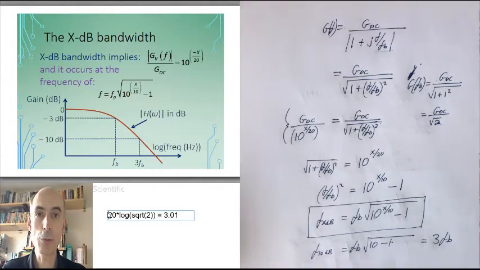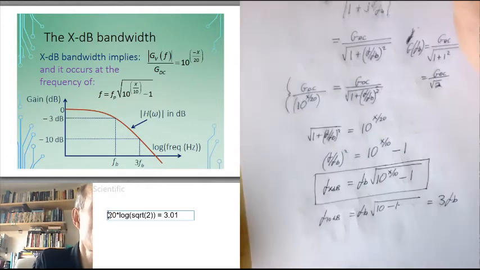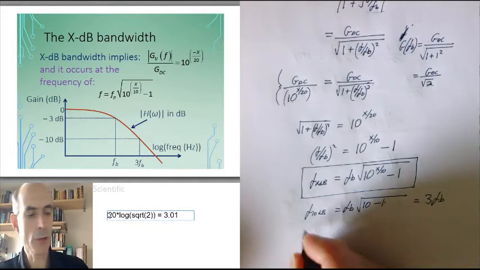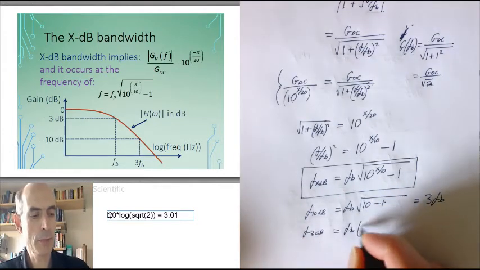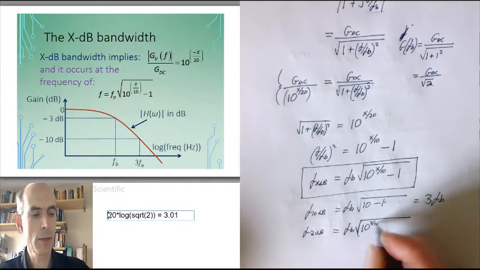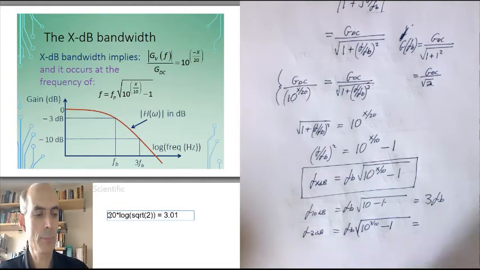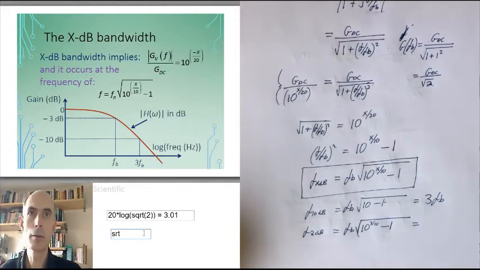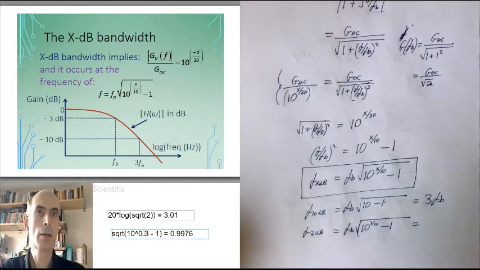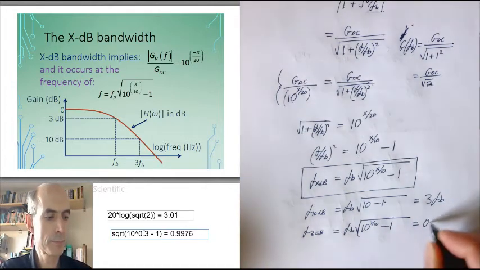If we try to work out the 3 dB bandwidth, then what happens is this. FB times the square root of 10 to the power of 3 over 10 minus 1. And that is 0.9976.